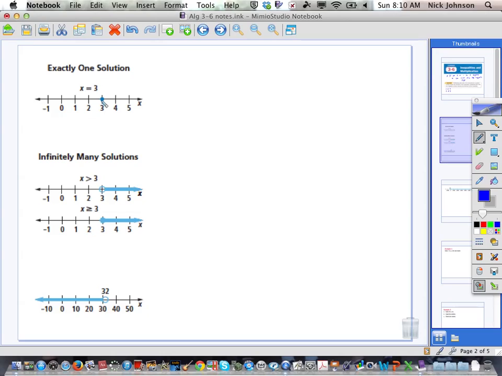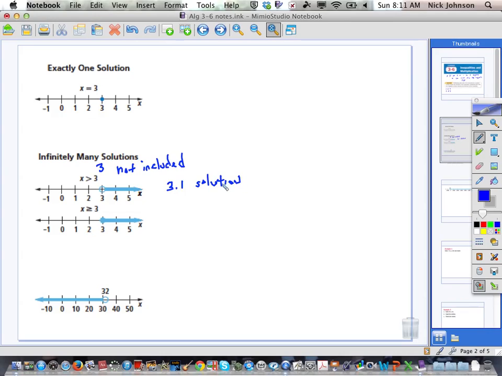Infinitely many solutions. Okay? X is greater than 3. If x is greater than 3, what you have is an open circle because 3 is not included. It's not one of our solutions. 3.1 is a solution, but 3 is not.